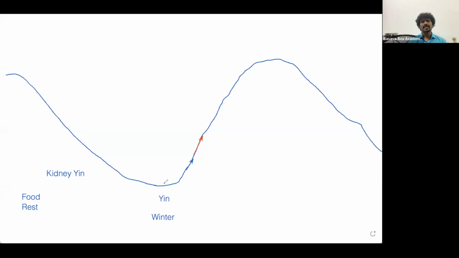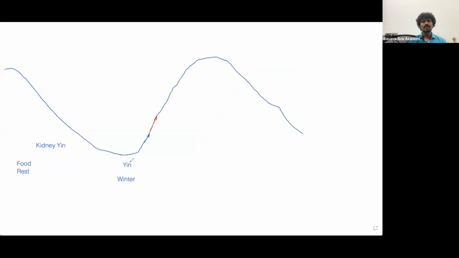I'll tell you in another way. In the last 1 or 2 years, that person has not touched this negative peak. Are you getting this? That person has not touched this negative peak.